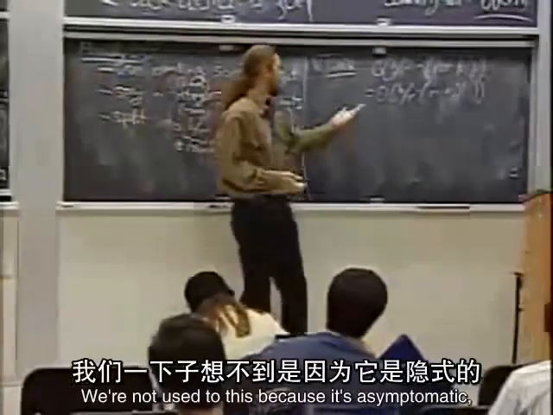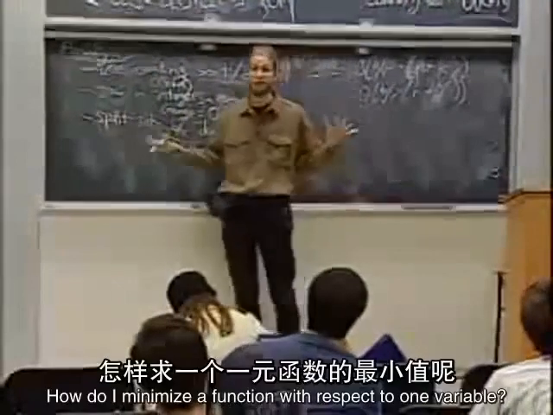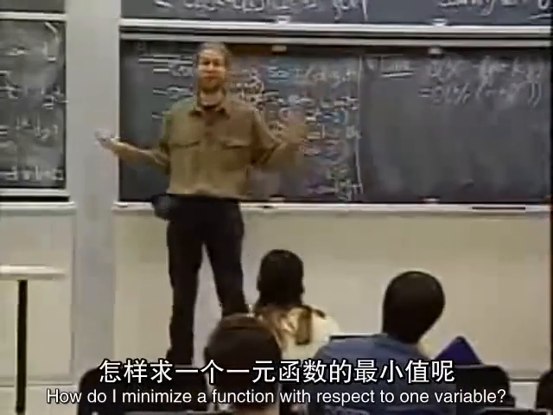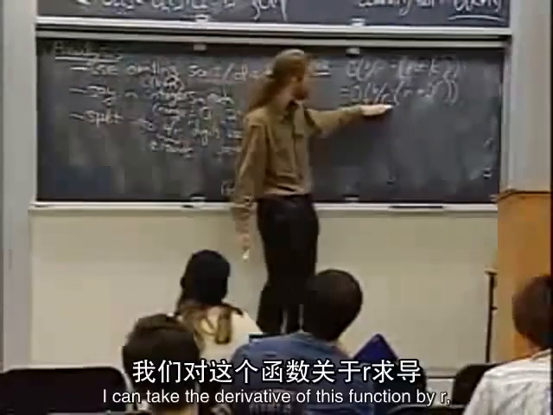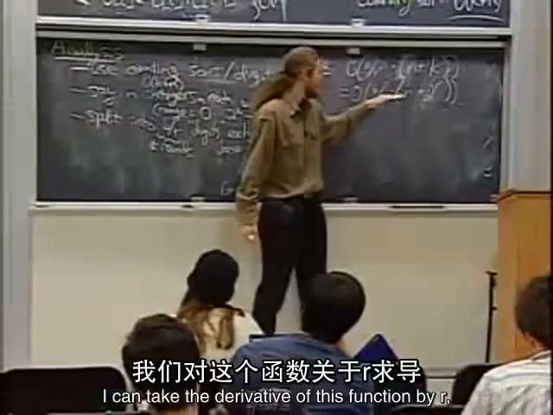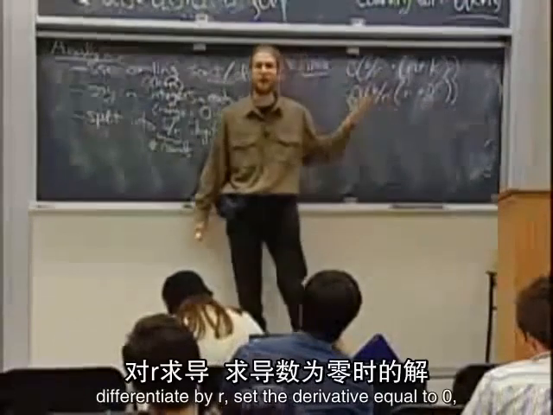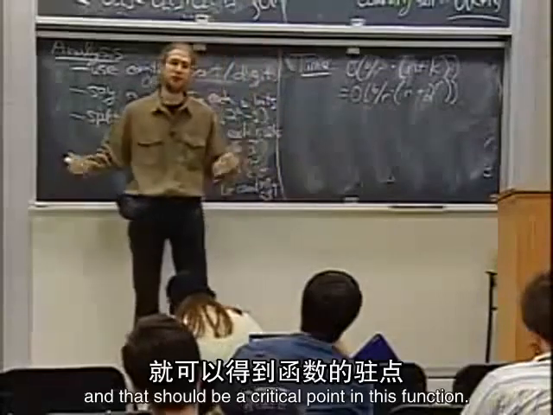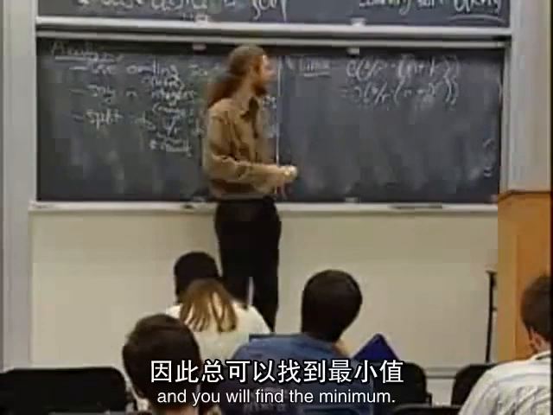We're not used to this because it's asymptotic, but forget the big O here. Just how do I minimize a function with respect to one variable? Take the derivative, yeah. So I could differentiate this function by r, set the derivative equal to 0, and that should be a critical point in this function. It turns out this function is unimodal in r, and you will find the minimum.